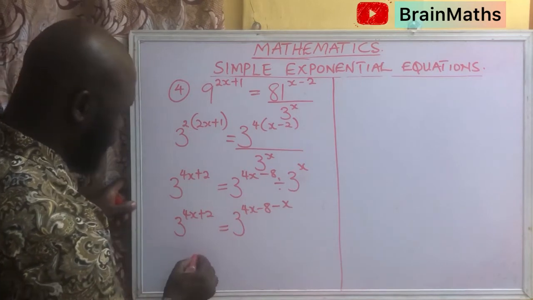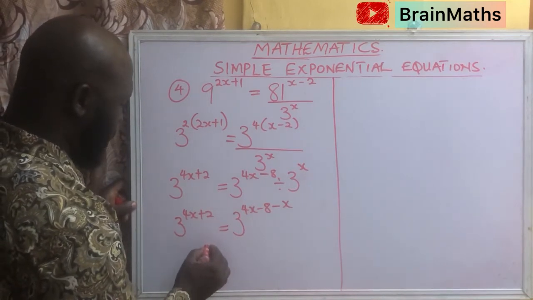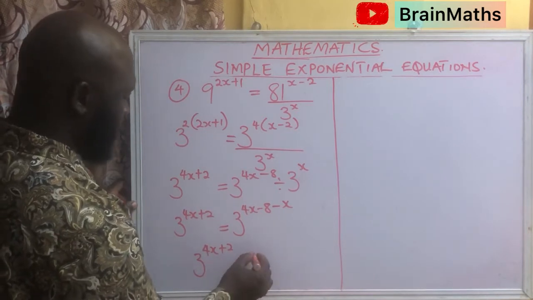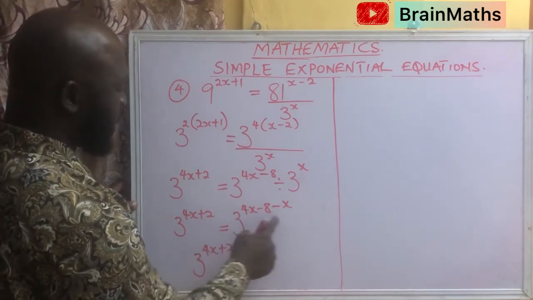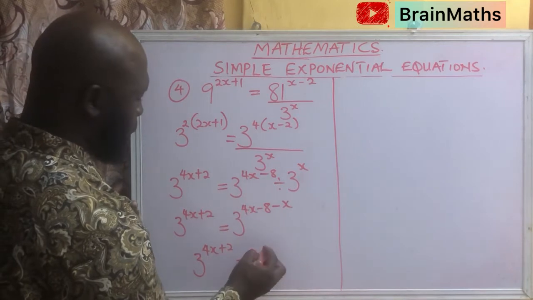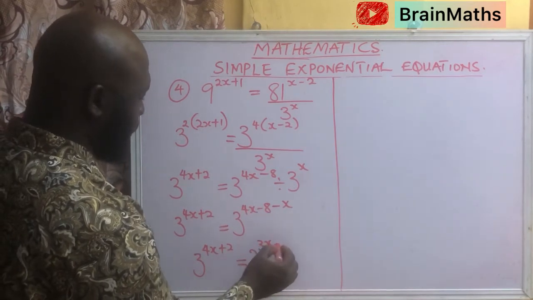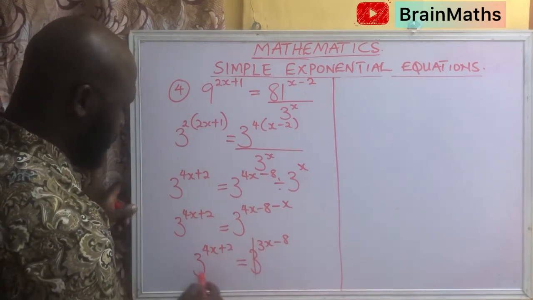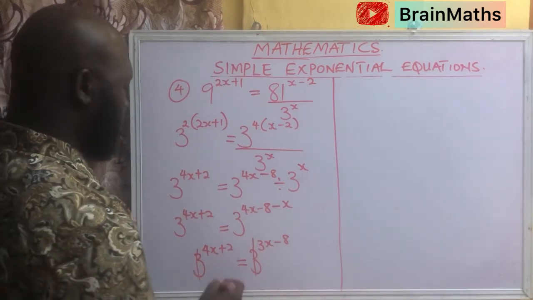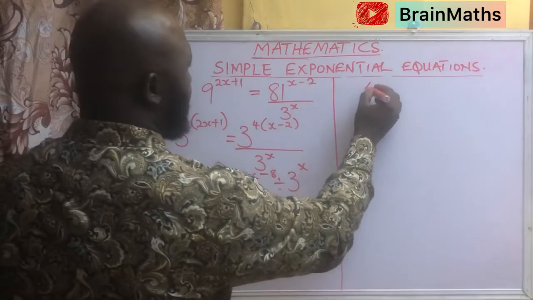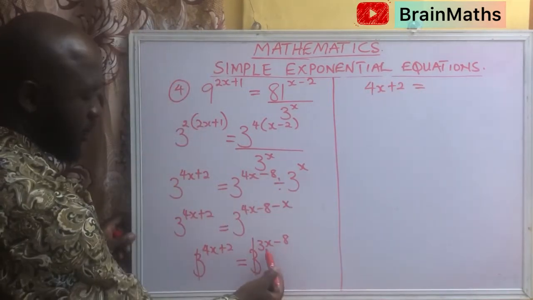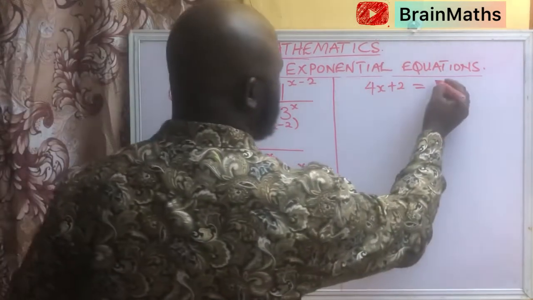So we have 3 raised to power 4x plus 2 equals 3 raised to power 4x minus x, which will give us 3x minus 8. So these two will be eliminated. So we are left with 4x plus 2 and then 3x minus 8.